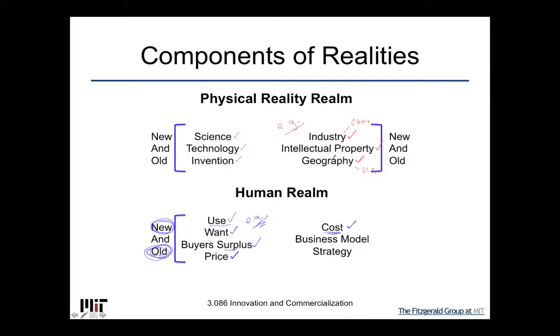So up here, just like we had two different categories, there's kind of this other category that involves more the practical reality of how I get to the human realm. And you can think about these over here as the practical reality of how do I get to the science, technology, innovation. So these are physical realm, but they're kind of how do I exploit this? And again, if I want to satisfy these human needs over here, these are kind of in the human realm, but I have to do them to kind of expose and satisfy this human realm.